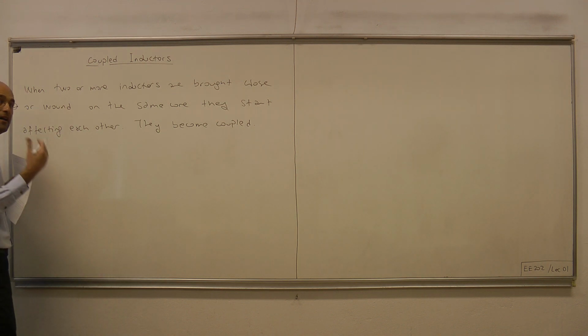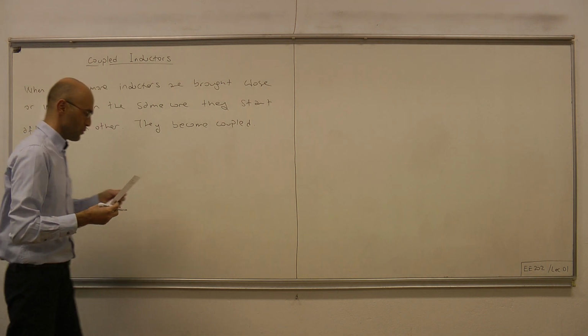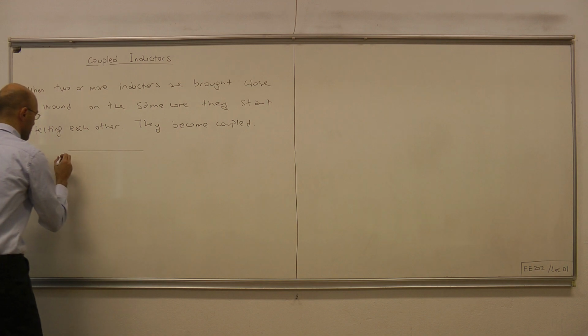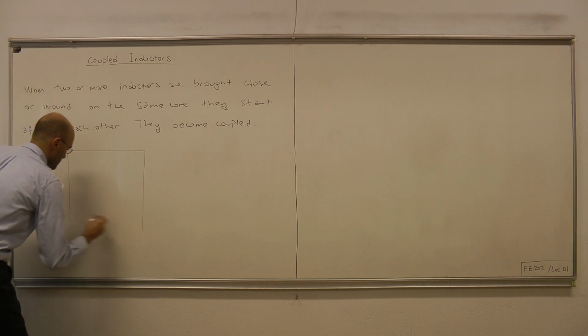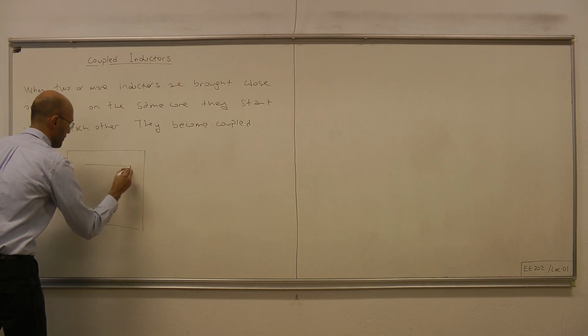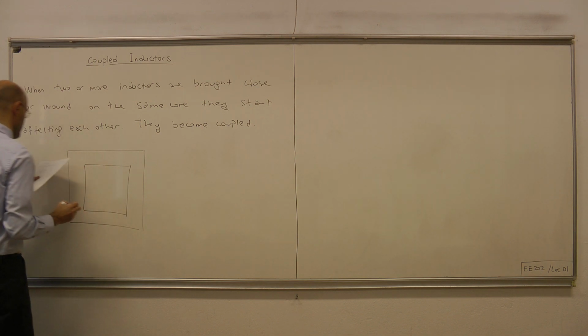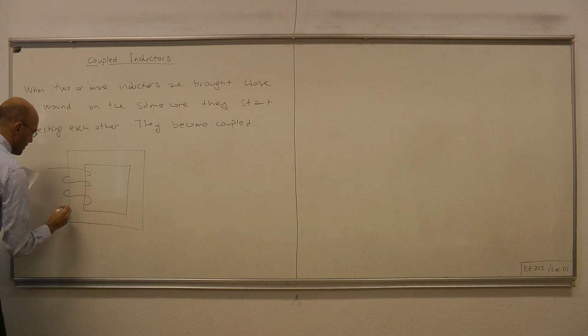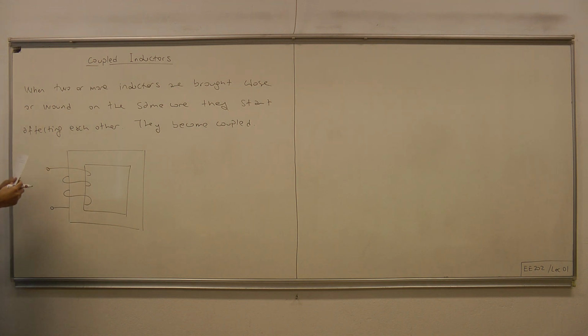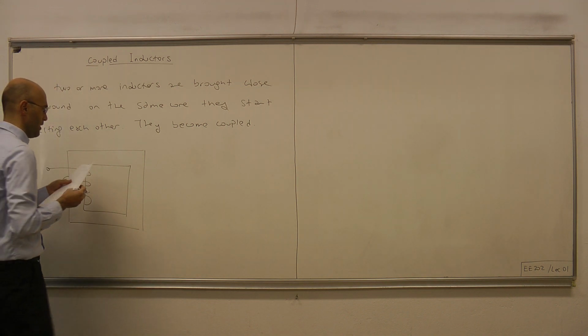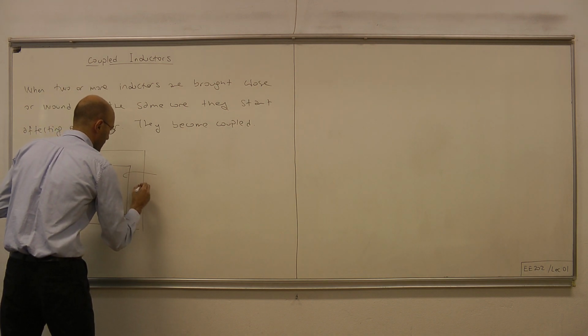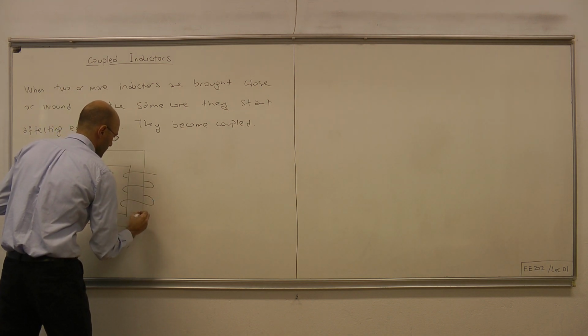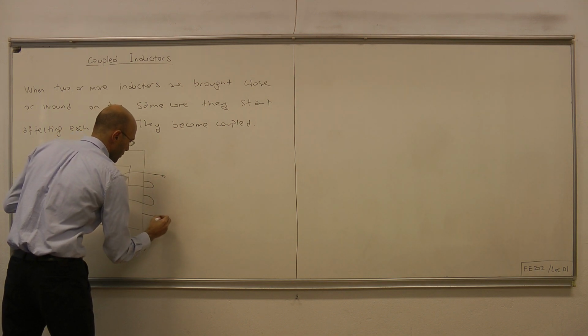To give a rough idea of the physical situation, suppose that we have this magnetic core, and here we wind the first coil, and here we wind our second coil.